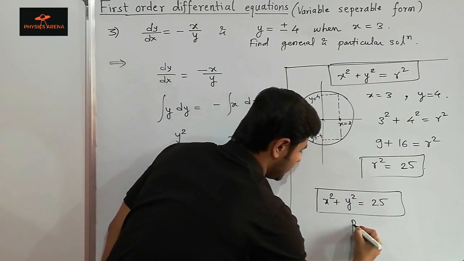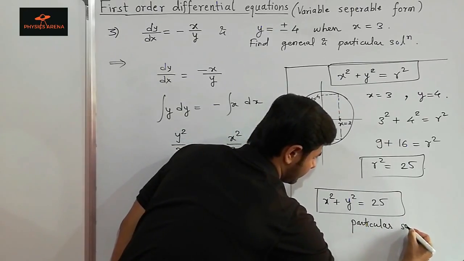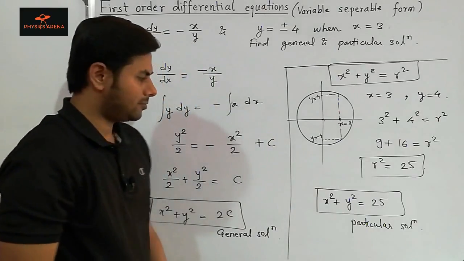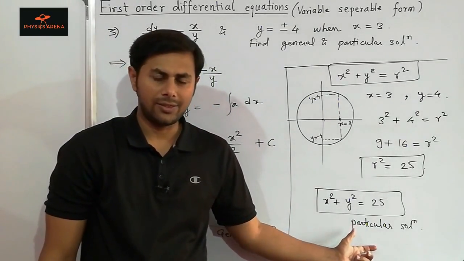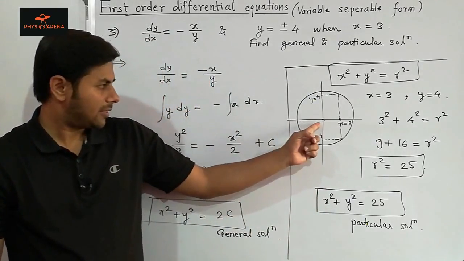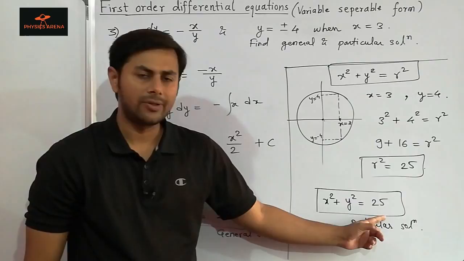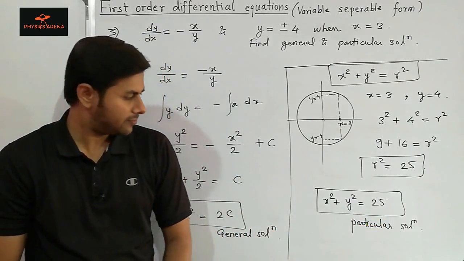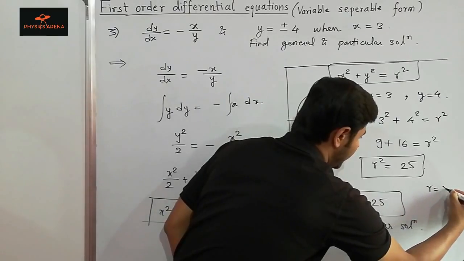So this is the particular solution, and it represents a circle whose center is at the origin and it has a radius of 5 units. As you can see, r square is 25, so r will be 5.